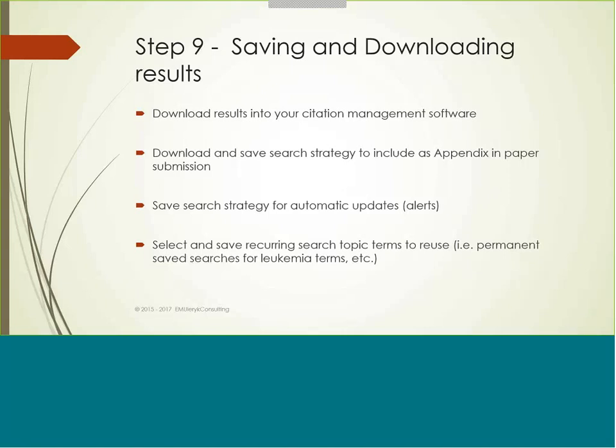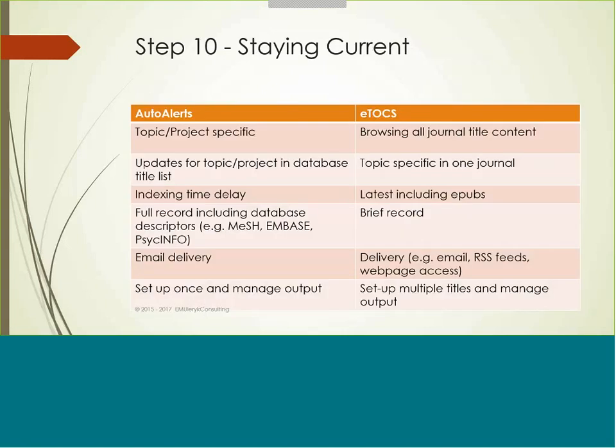And every time you need to run a search on your leukemia, you just open it up and then you just add the next term, whether it's another antibiotic, another procedure, or if you want to add the transplant to it, whatever it is. If you keep that core group of headings as a saved search, it will save you time in the long run. And check again with your institutional library because they quite often have these saved, or the librarian will be more than willing to share their saved searches with you.